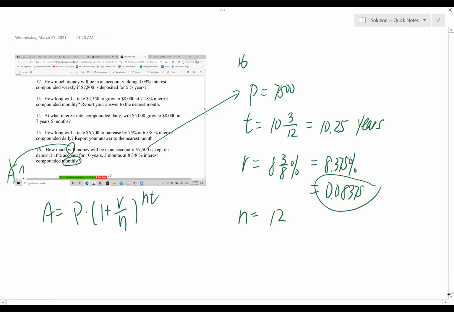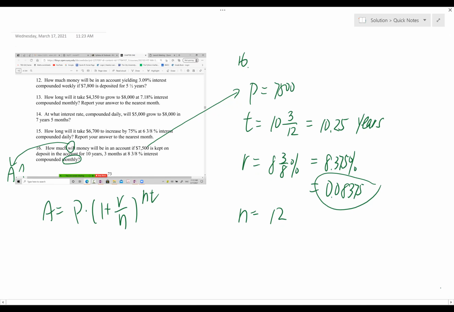So now throw your numbers into the formula. 7,500 times 1 plus the rate, 0.08375 divided by 12. Now the exponent is 12 times 10.25. Easily, we can use Excel to get a result.